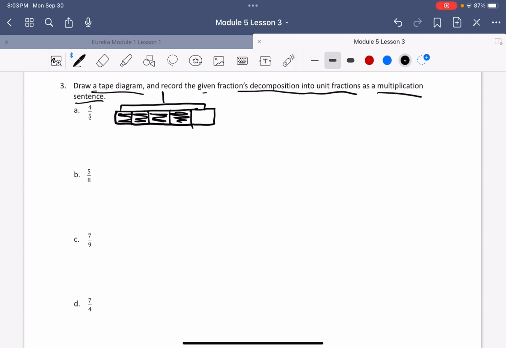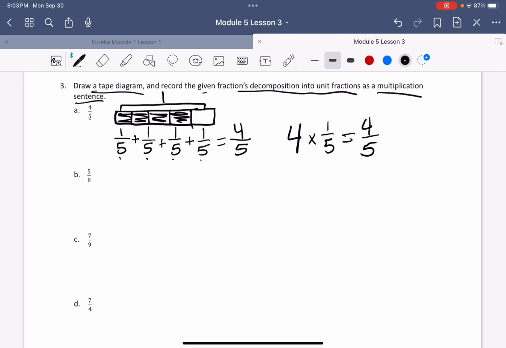So we have 1/5 plus 1/5 plus 1/5 plus 1/5, which equals 4/5. Now to show our multiplication sentence, how many 1/5 did we have? We had 4. So 4 times 1/5 equals 4/5.